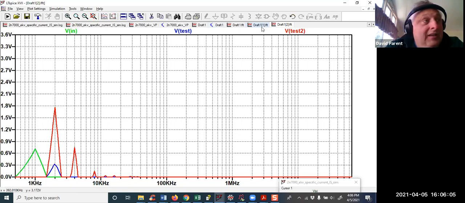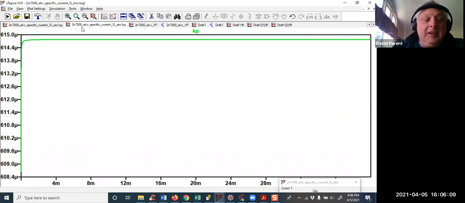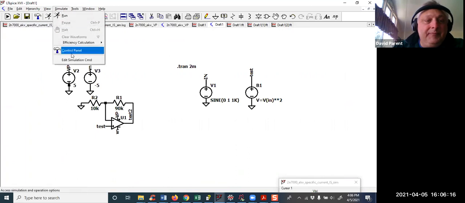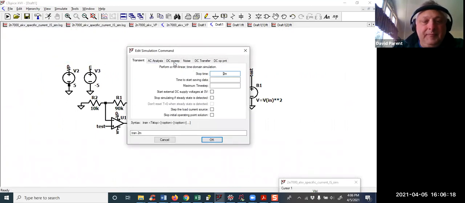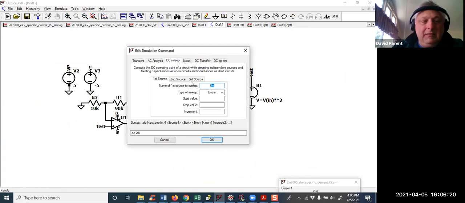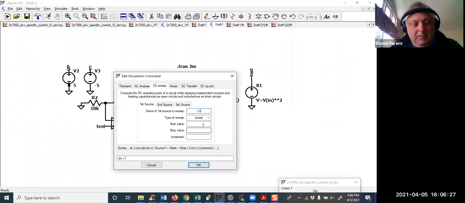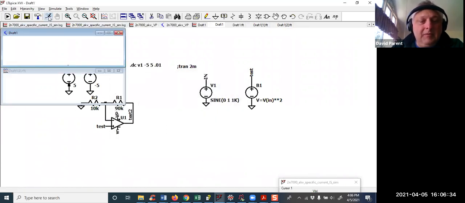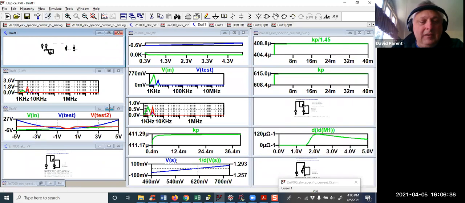You can use that to test multipliers, right? Because the other way would be to just do a DC sweep, right?